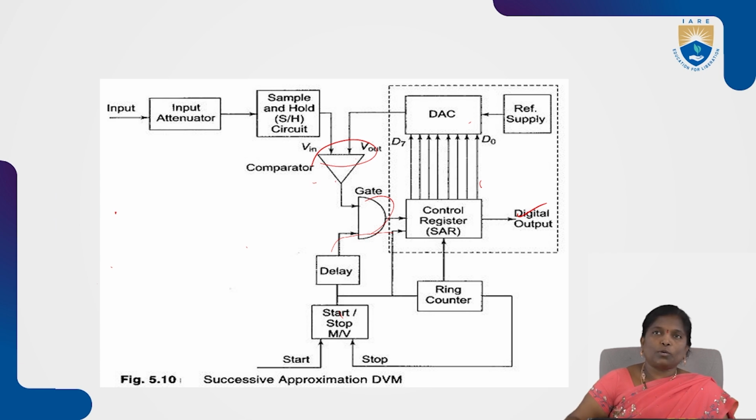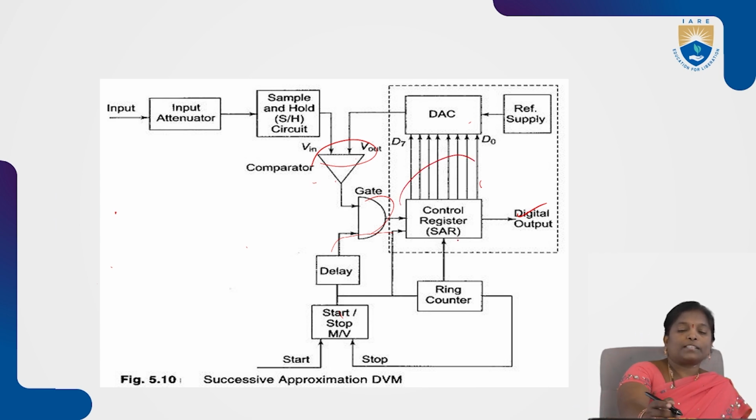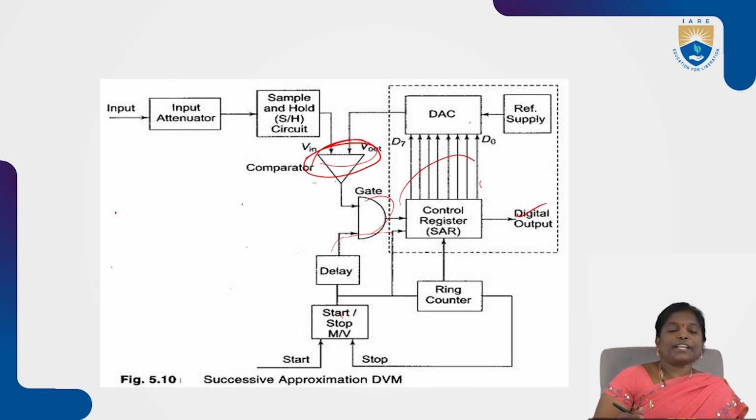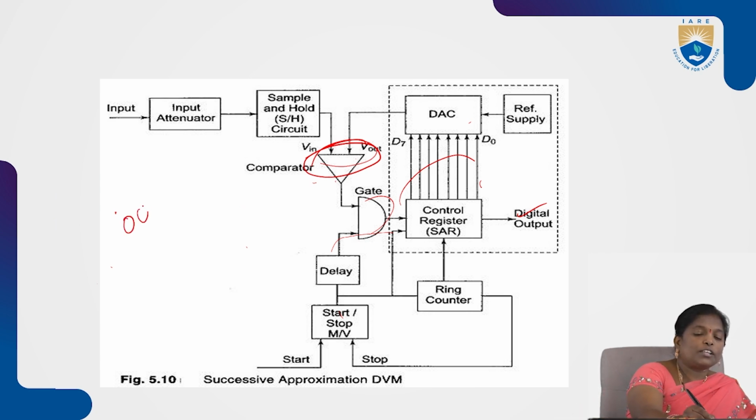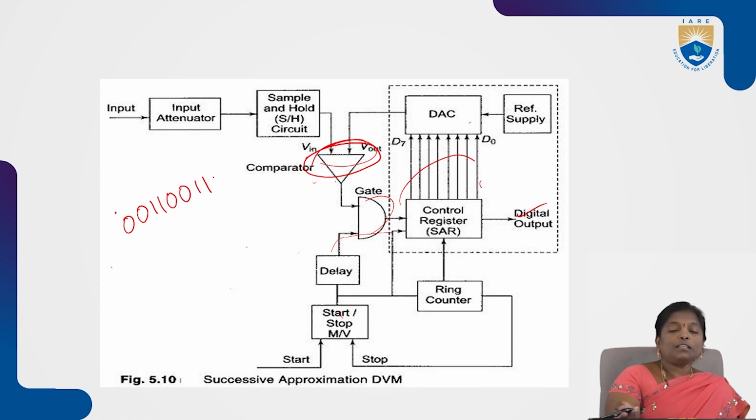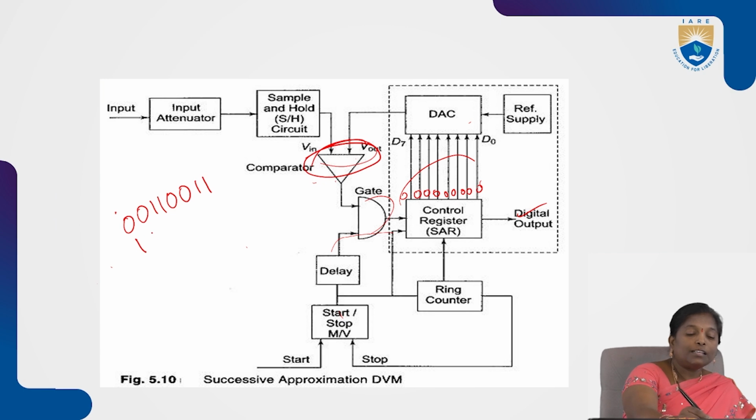The main process involved in the successive approximation type of digital voltmeter is this SAR operation, this comparison. This comparison is made between the input and output. Here we are assuming that the input is 0011 0011 and initially the output is reset to 0. When we apply the first clock pulse, the first bit position is 1, and the remaining bits are zeros.